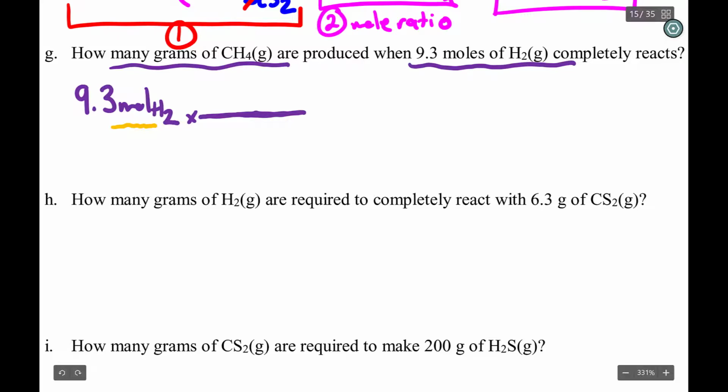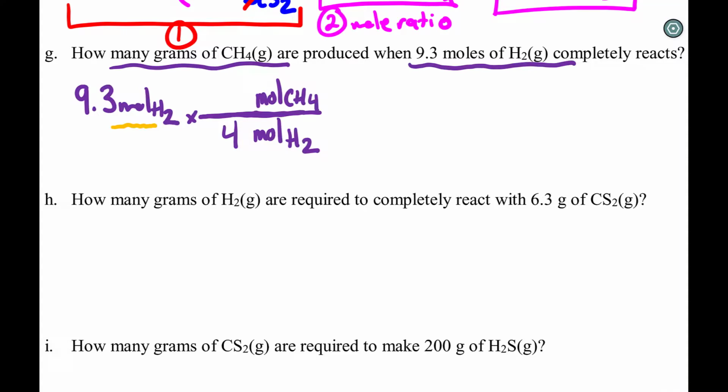So, I need to figure out grams of CH4, but first to do that, I would have to have the moles of CH4. I can figure this out by doing a mole-to-mole ratio of what I've started with, which would be hydrogen. Now, the coefficient for H2 is 4, and the coefficient for CH4 is 1.